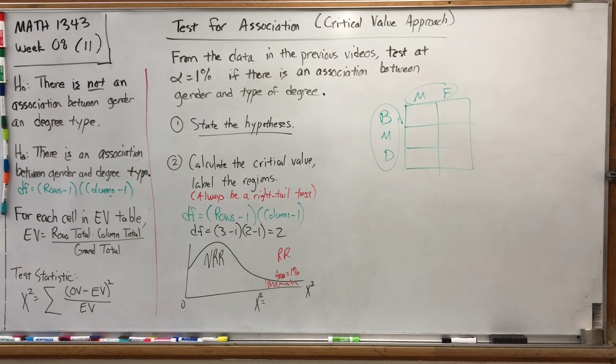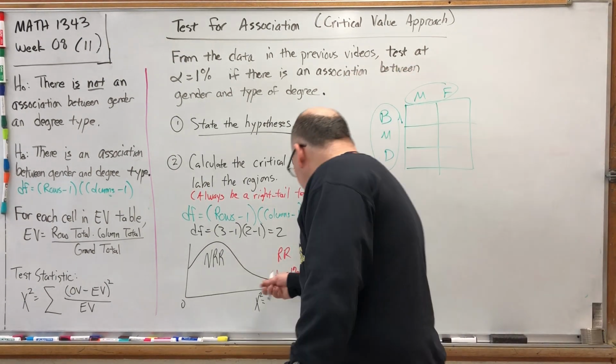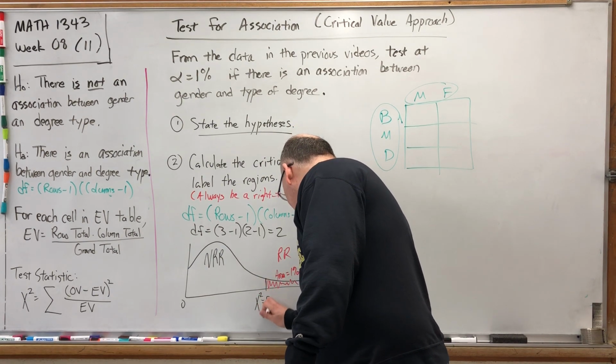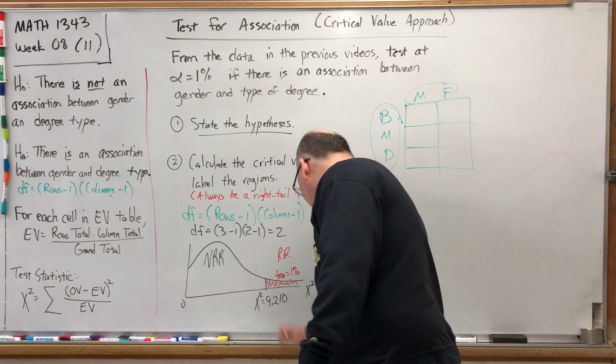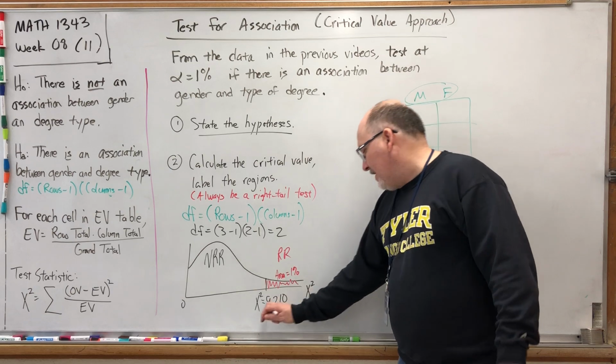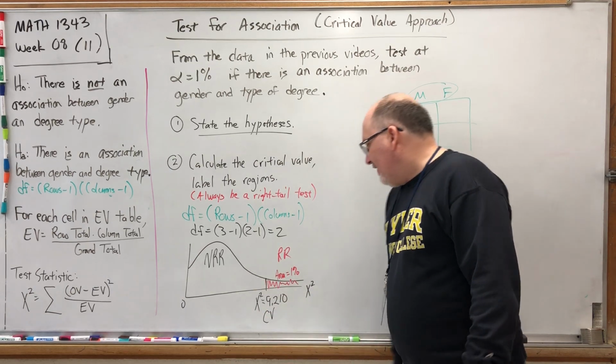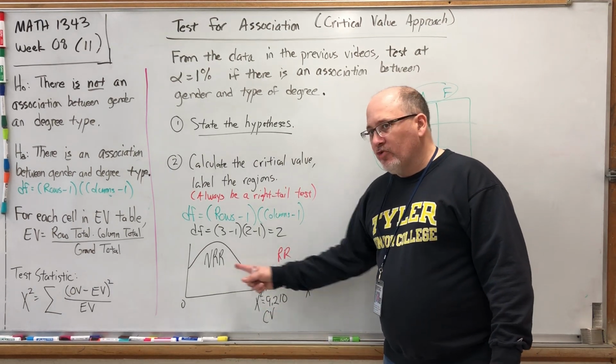So if I go to the second row for this 2 degrees of freedom and go across to the 1% column, which is the second one from the right, I see a chi-squared value of 9.210. And now we know the critical value, the CV if you will, that separates the non-rejection region from the rejection region.